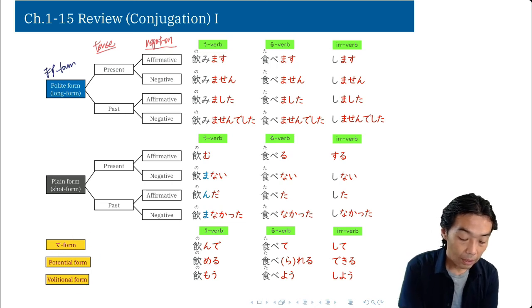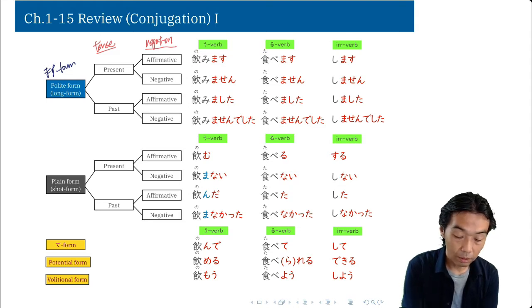In Japanese, there are 3 different kinds of verbs. The first one is verb, verb, and irregular verbs. The easiest way to remember is start backwards.